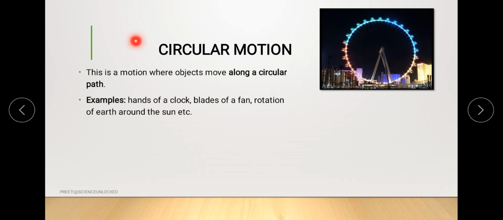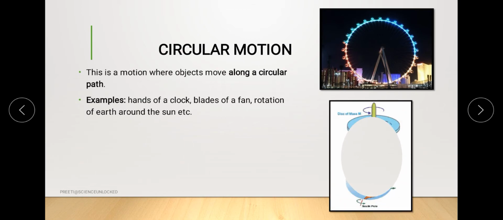But whenever we talk about circular motion, it is normally considered with reference to the circumference or the periphery or the boundary. Whenever within a circular motion I am fixing a specific central point about which that motion is going on, then it is considered as rotational motion.